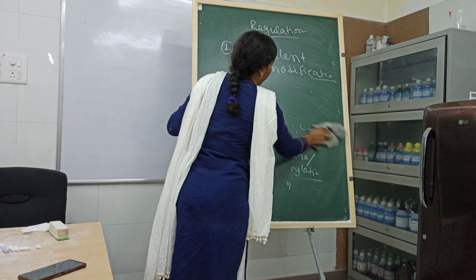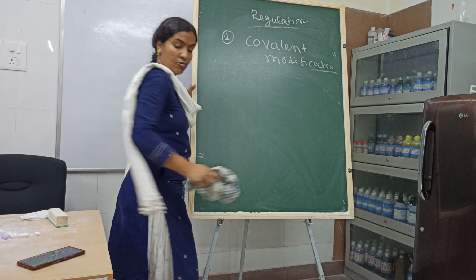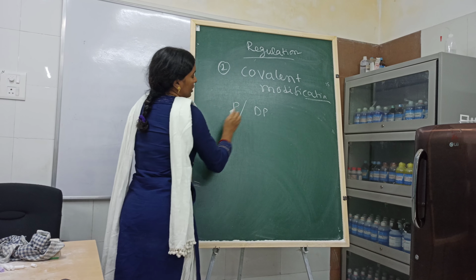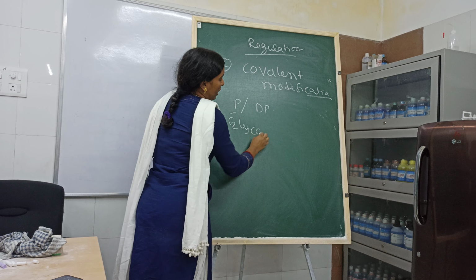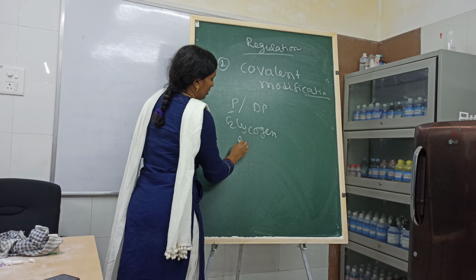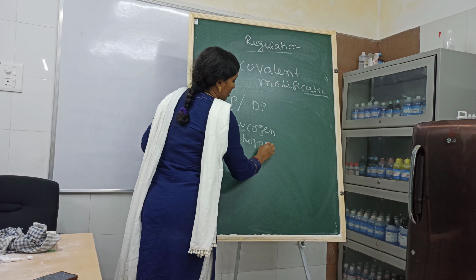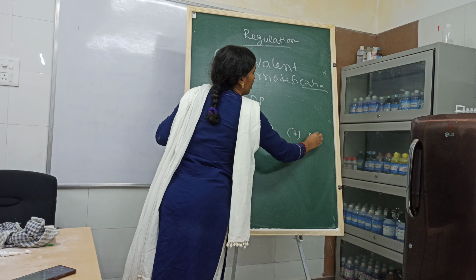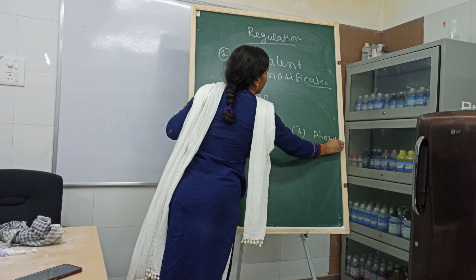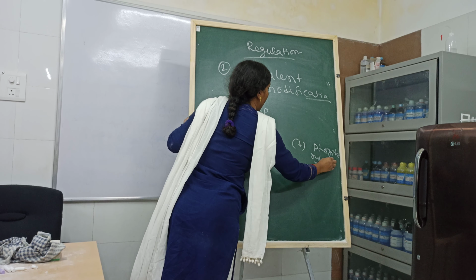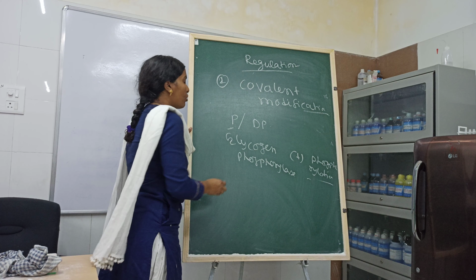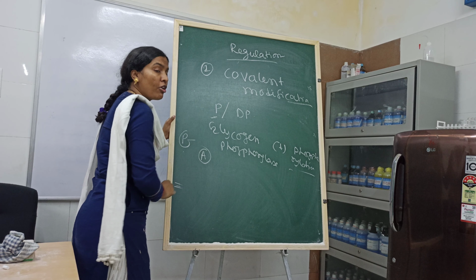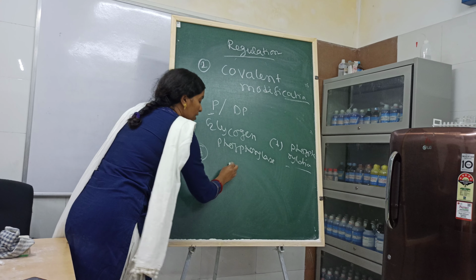So the activity is altered. It may decrease or it may increase. In covalent modification, the first and foremost example is phosphorylation, dephosphorylation. The example is glycogen phosphorylase, which is activated by phosphorylation. So glycogen phosphorylase, when it is phosphorylated, is active, and when it is dephosphorylated, it is inactive.